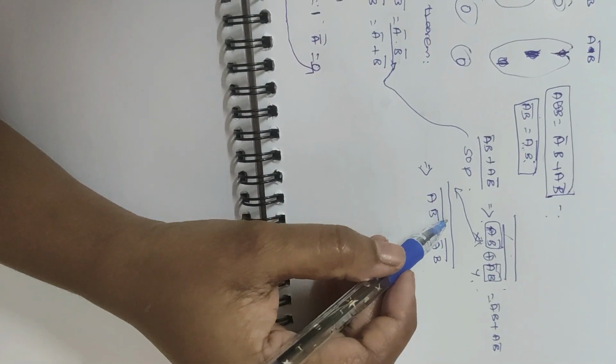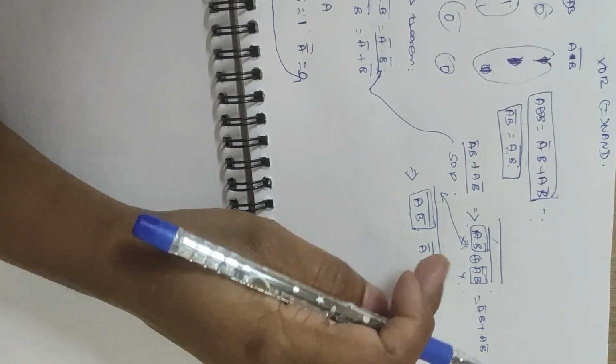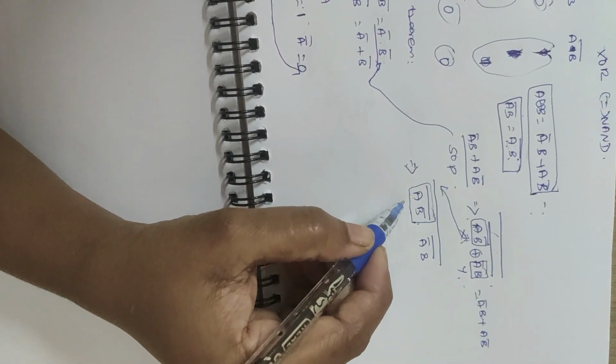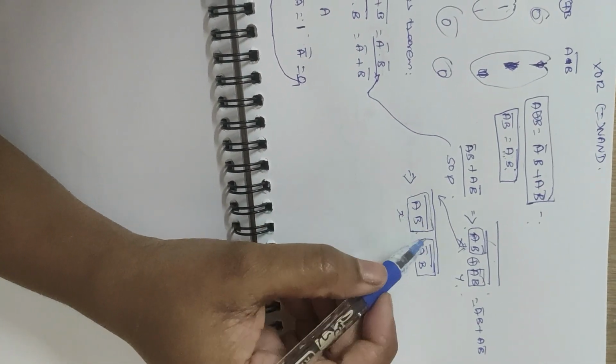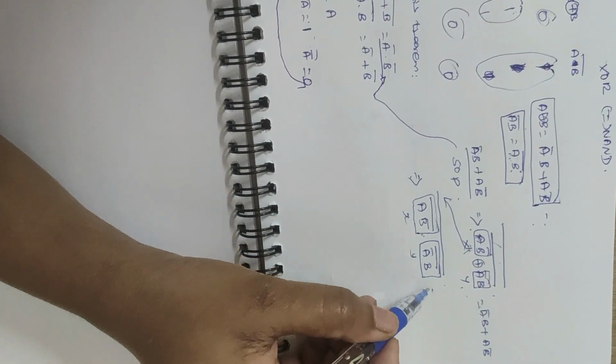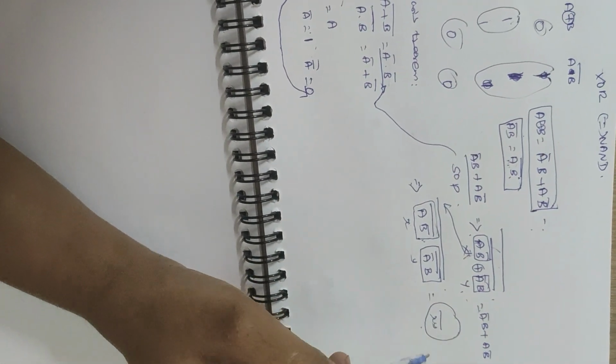Consider these as small x and small y. Here it will be an AND operation followed by inversion, so the whole bar of xy. Now we have it in NAND format.